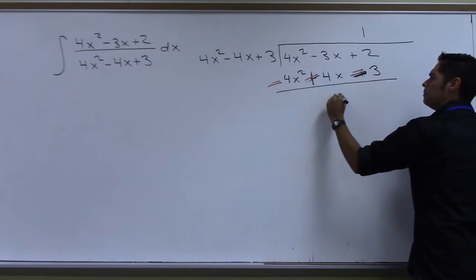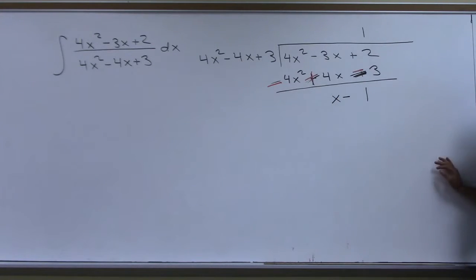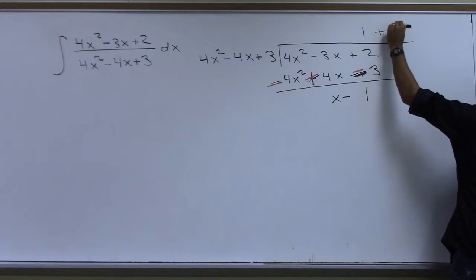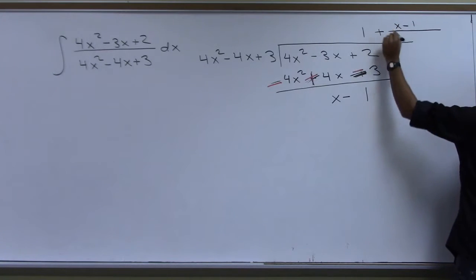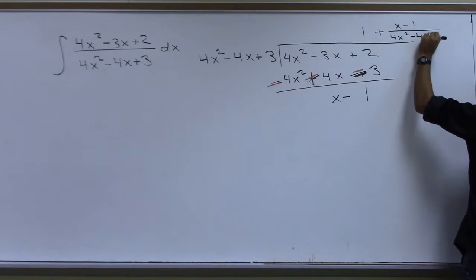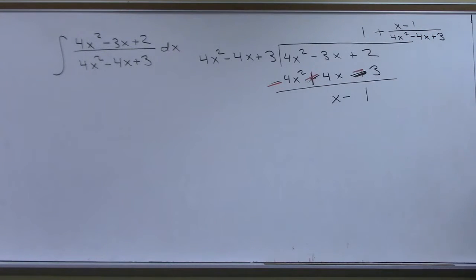X minus 1? Can I keep going? No. Long division is over. So I put plus the remainder over the divisor. And that's going to be my new integrand, that right there.